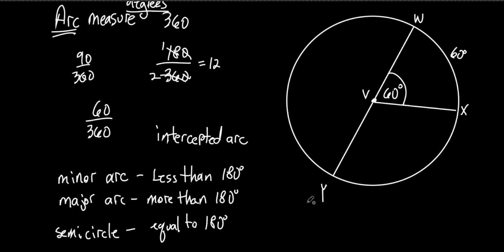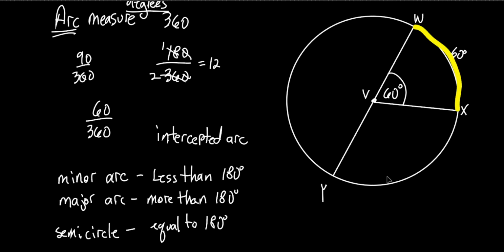WVX? Well, that would be an angle. When we measure an arc, now I haven't taught you this, so I don't expect you to say this. But remember I said if you go from W all the way to Y, and if you go from W to X, remember that? That would be a minor arc. From W to X would be a minor arc.